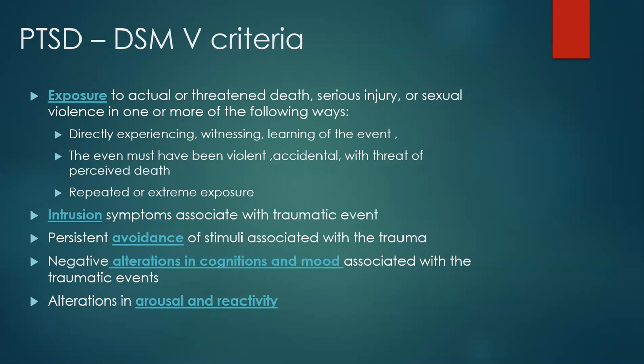Your intrusive symptoms: involuntary memories, flashbacks, dissociative reactions, kind of daydreaming, recurrent dreams, even sometimes physiologic reactions to a trigger. So if you're triggered by loud noises and you hear a loud noise, your heart rate might speed up and you might start to feel a little bit of panic.